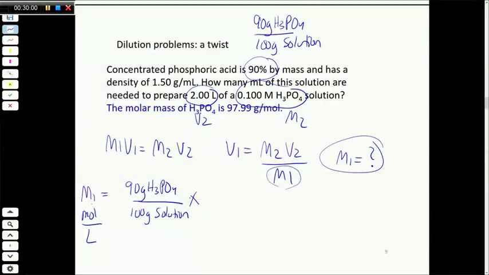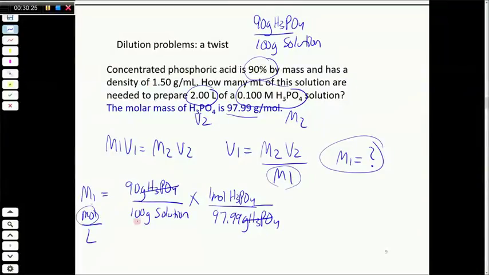We do that by using the molar mass, which I gave you at the end of the problem, 97.99. So 1 mole of H3PO4 has a mass of 97.99 grams. So grams cancel out. Okay, so that's going to be moles in the numerator, which is what we want. So we're taken care of there.